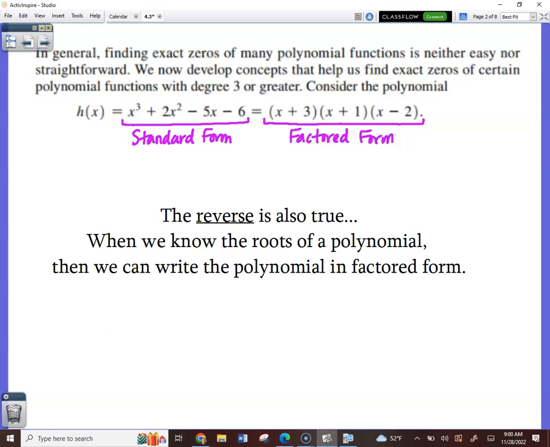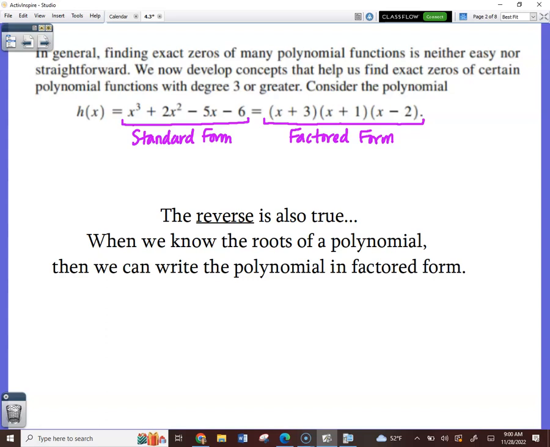Get comfortable with that word, factor. Get comfortable with knowing that factors are directly related to the zeros, which is just the solutions, because it makes this so much easier if you can understand that.